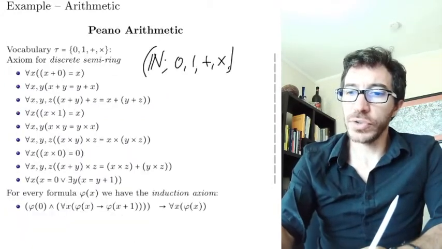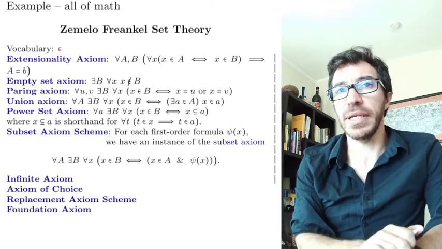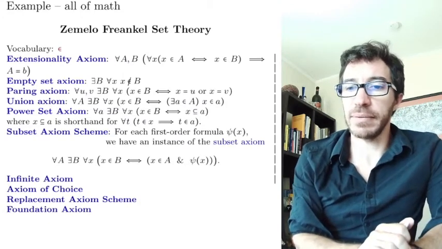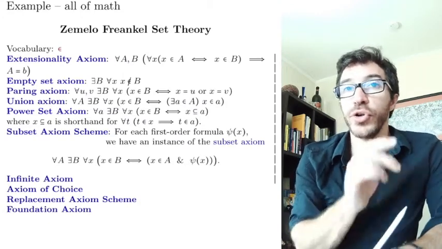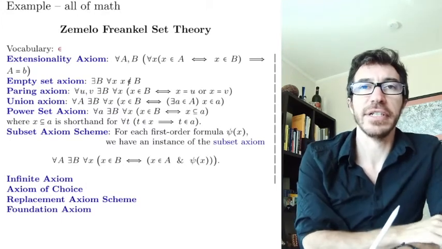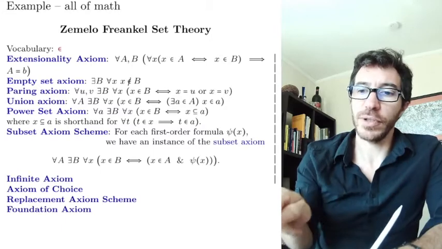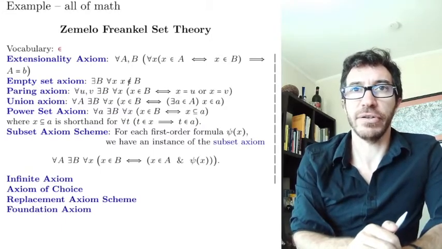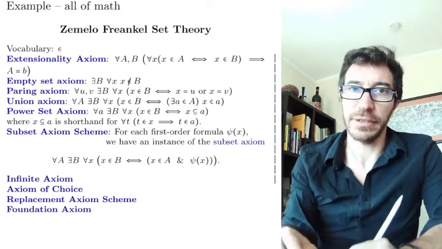And if you want to see how to develop mathematics from this, then you should take 135 at some point. Or you could also go to my other playlist, the videos for 135. And there I do the whole development of Zermelo-Fraenkel set theory. Well, I'm doing it right now.